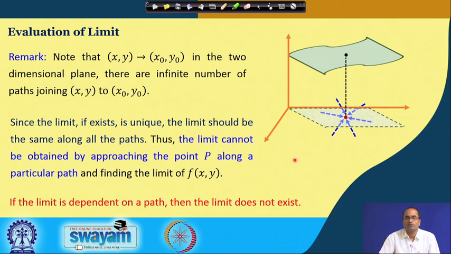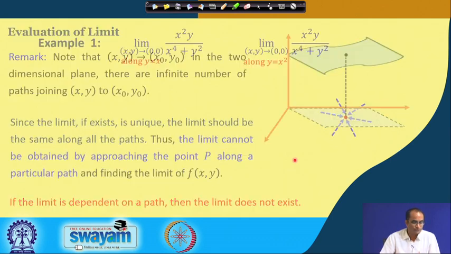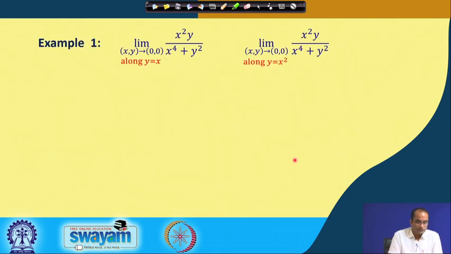So, now we will see some possibilities for finding the limit of a function f(x,y) as (x,y) approaches some particular point. For example, consider this example, x squared y over x to the 4 plus y squared, and (x,y) goes to (0,0) along the path y equal to x, and second, we will take again the same function and (x,y) goes to (0,0) along the path y equal to x squared.